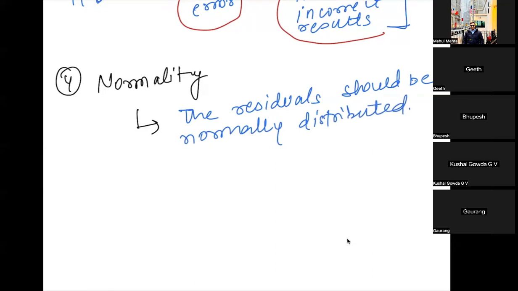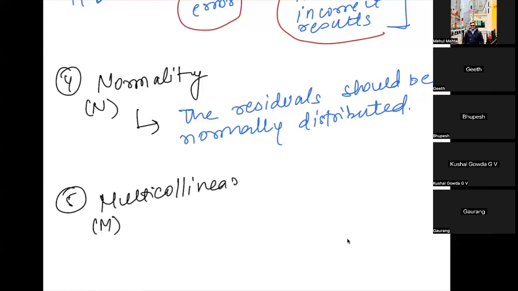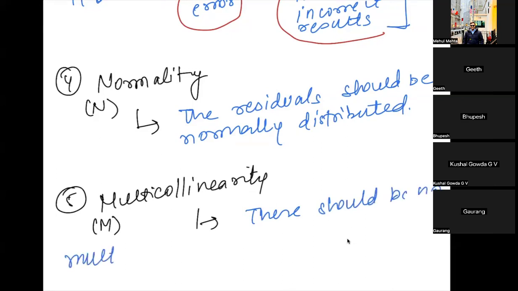And your fifth assumption is multicollinearity, which stands for M. We say that there should be no multicollinearity present in the model.